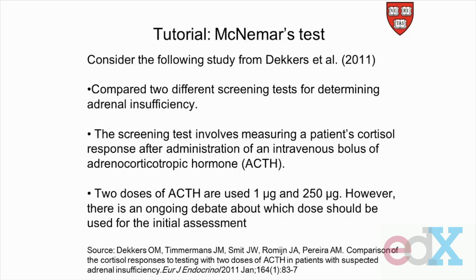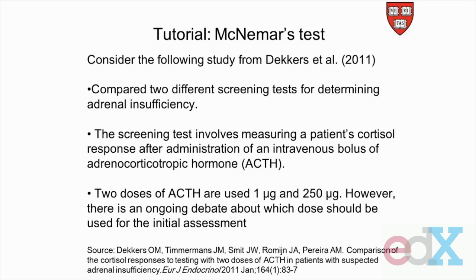We want to compare two different screening tests for determining adrenal insufficiency. Just a little background, adrenal insufficiency is a condition in which the adrenal glands do not produce adequate amounts of certain hormones. The screening test for this disease involves measuring a patient's cortisol response after administration of an IV bolus of ACTH.